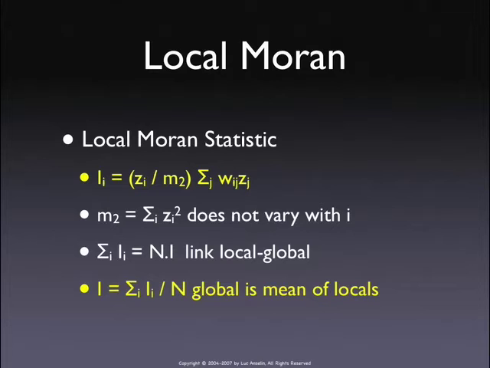So if you think about this, you can move this over here, and then you see that for Moran's I, the global statistic is the mean, or the average, of the local statistics. So there's a very nice connection between the local and the global. Then you can do the kind of analysis that we did early on in the exploration of the data, and see how the mean stacks up relative to the median, for example. Because the mean is sensitive to outliers, the median is much less sensitive.